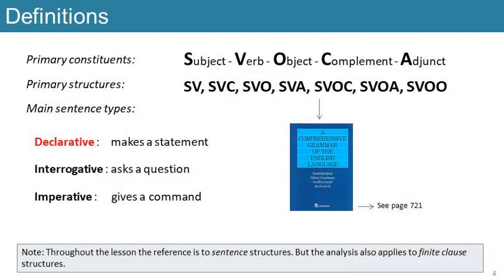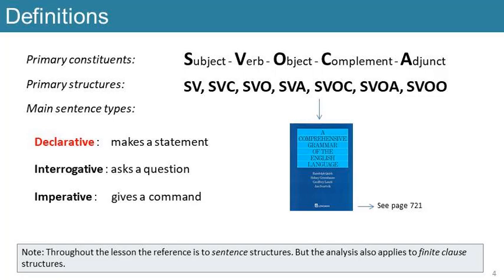It is common to categorize the sentence structures according to the first letter of their primary constituents. These constituents are the subject, verb, object, complement, and adjunct. The structures we will focus on in this lesson are SV, SVC, SVO, SVA, SVOC, SVOA, and SVOO.